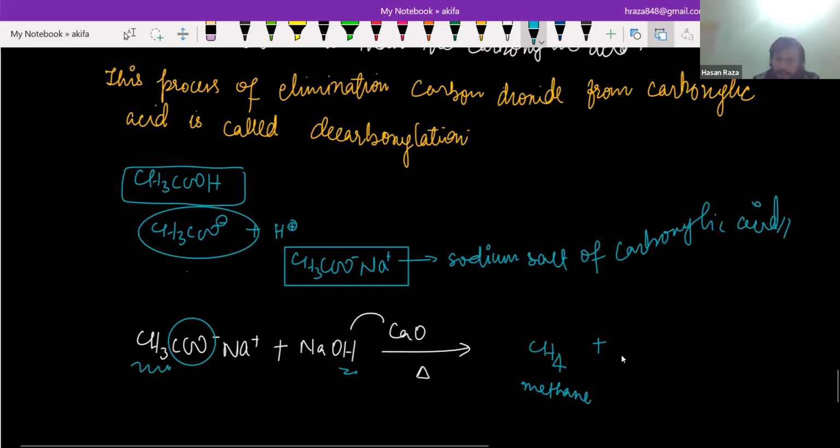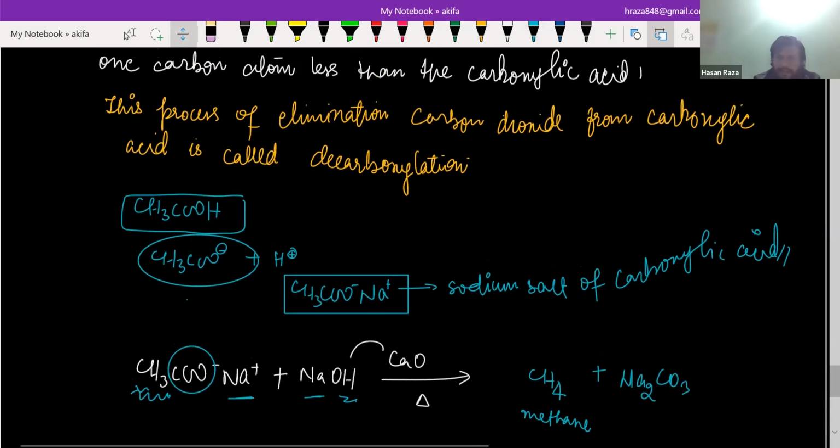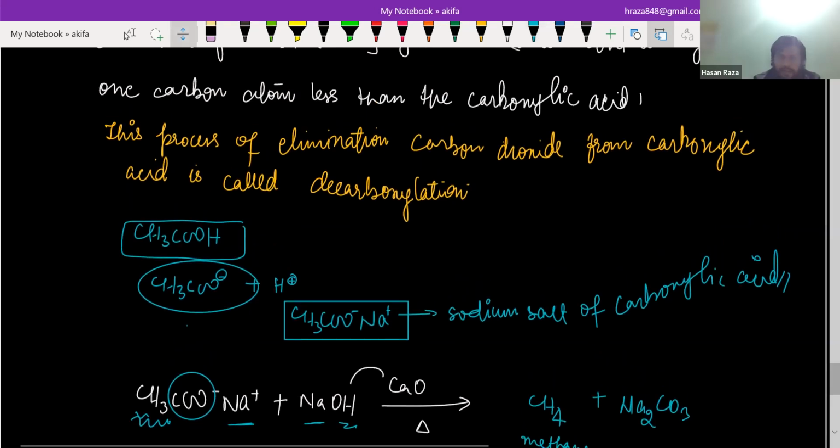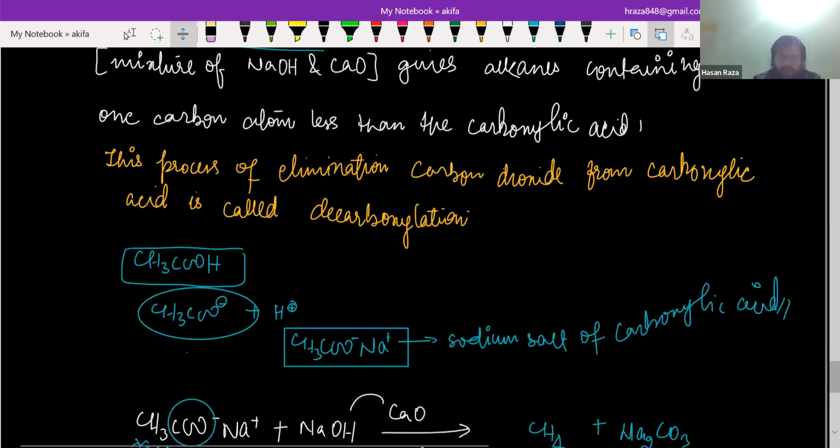Am I audible? Yes. Now you see, this Na and Na combine together and will form Na2CO3. And this CH4, according to the sentence, it says one carbon atom less than the carboxylic acid.